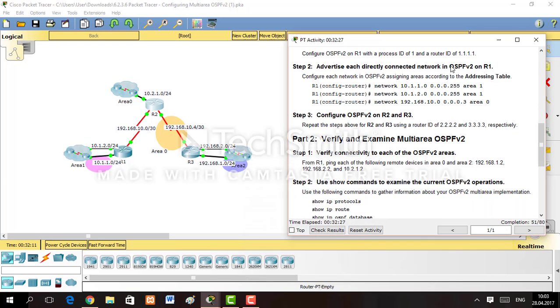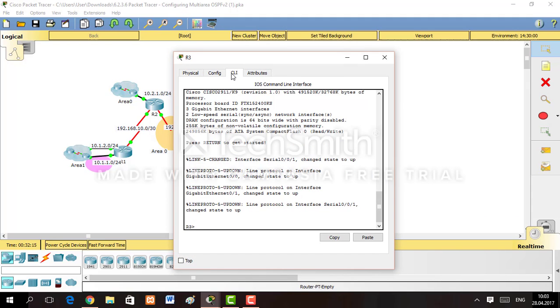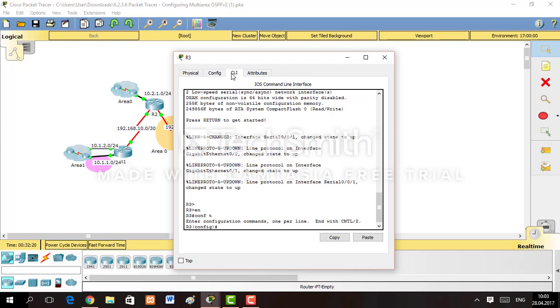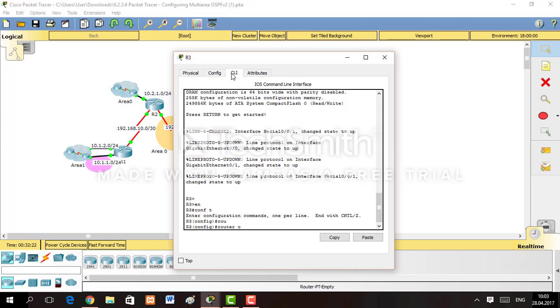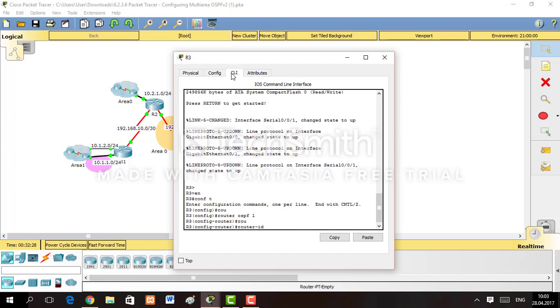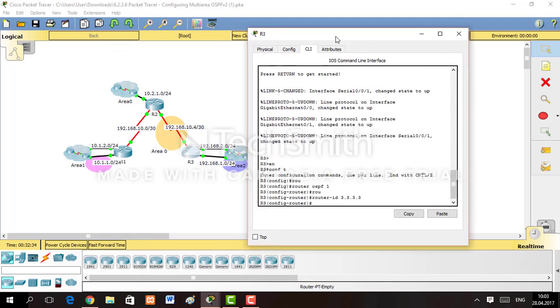Okay, then we go to router 3. Router OSPF 1. Router ID is 3.3.3.3.